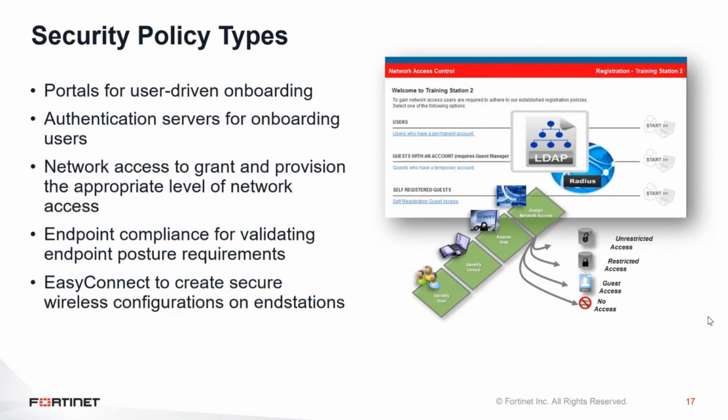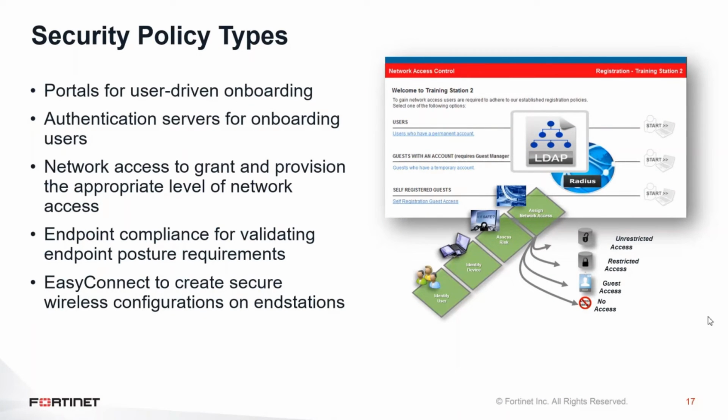The first one is the portal, which defines the captive portal page that an isolated device will be presented. This may be a location-specific guest access page, for example. Then we have the authentication security policy, which defines the backend authentication source for isolated hosts, such as Active Directory, RADIUS, and all that.